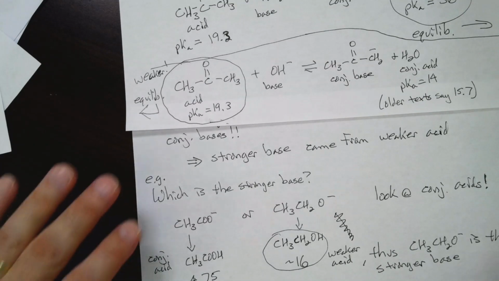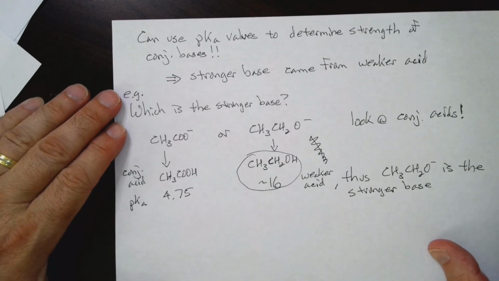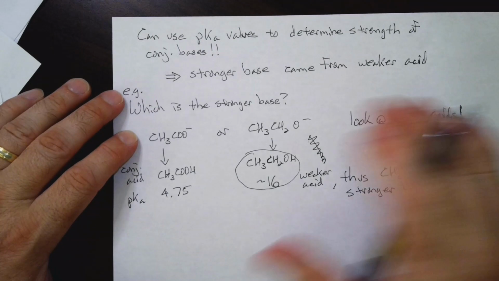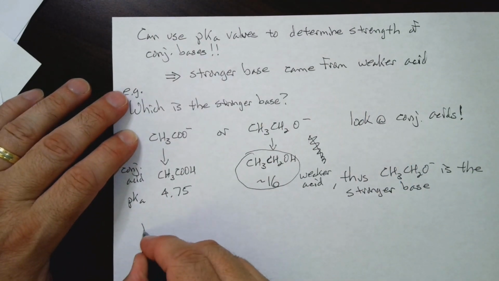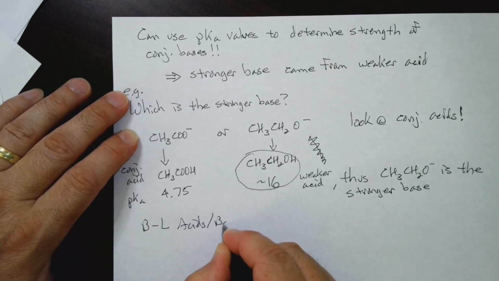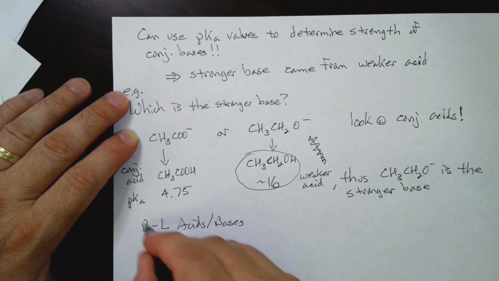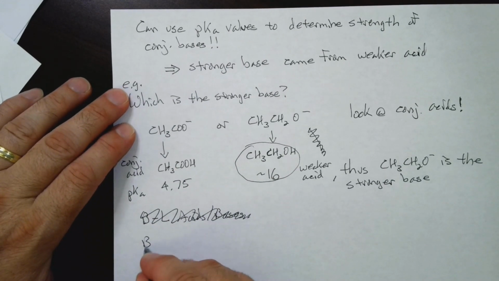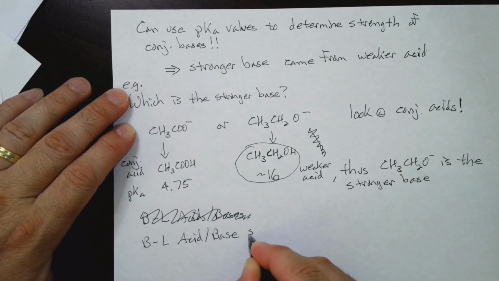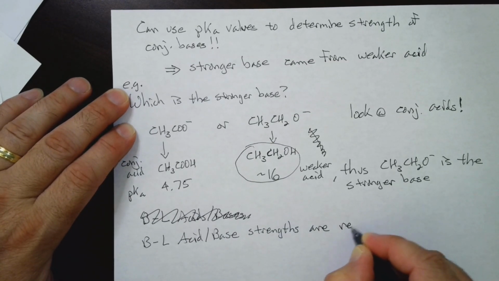Now again, all of this is relative. The whole point with the Bronsted-Lowry acid base strengths is that they are relative.